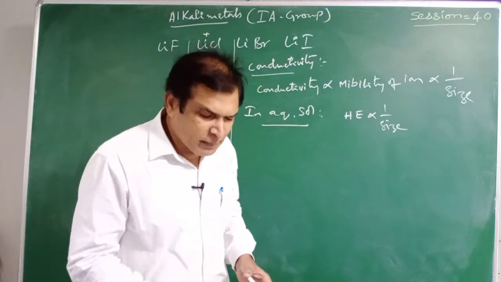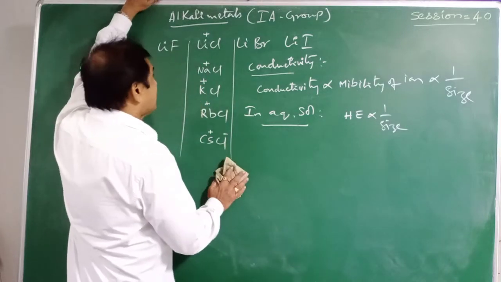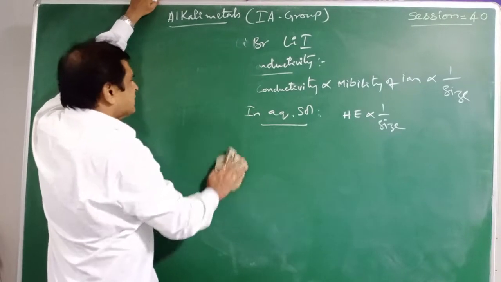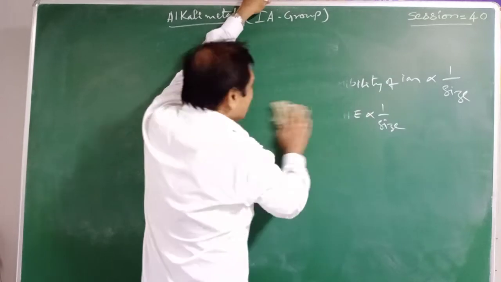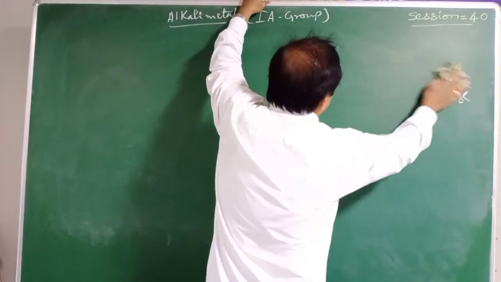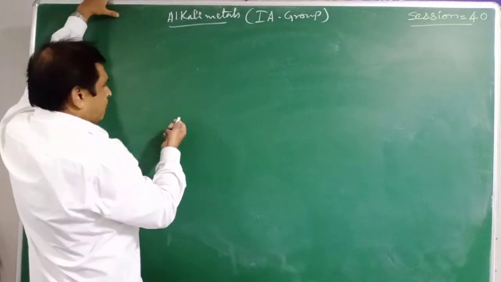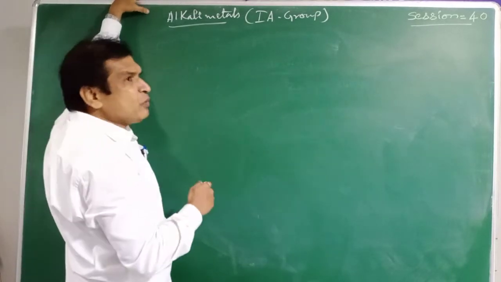Now next, coming to carbonates and bicarbonates. Okay, let us take the next concept, alkali metal carbonates. See, that is how the carbonates are formed.